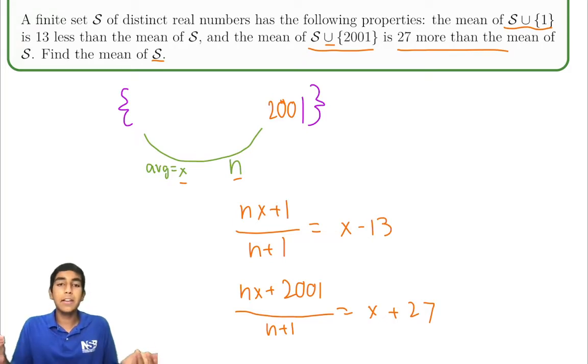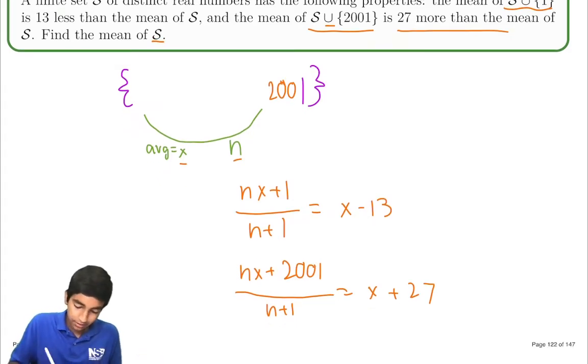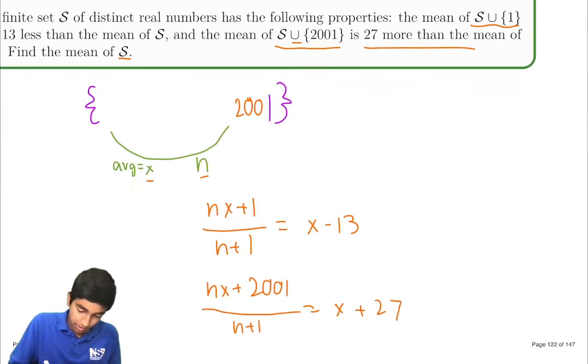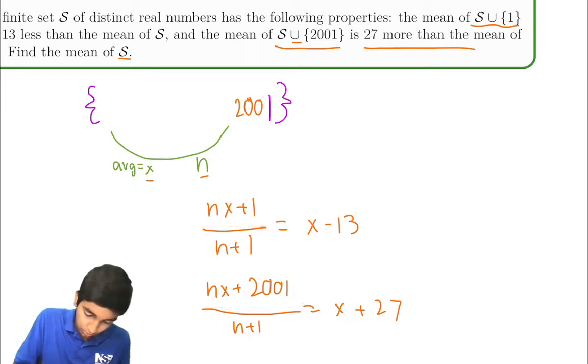Now you could expand, clear the denominators, and do some messy calculations, but the key thing to notice here is that this bottom term over here is very similar, except it just has an extra 2000 over n plus 1.